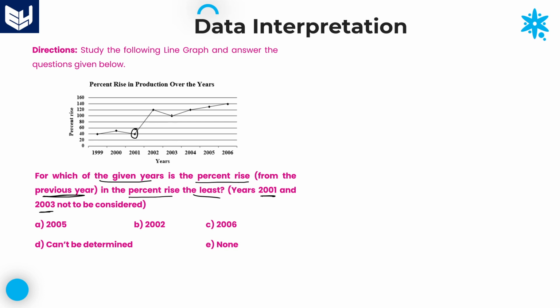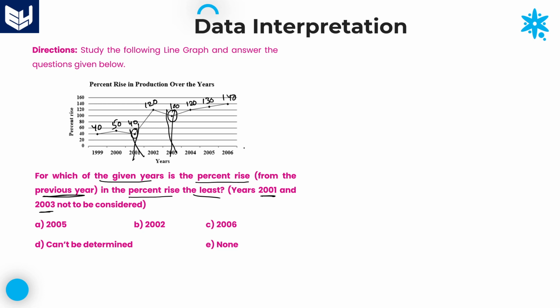2001 and 2003, these values should not be considered. What is the reason why these values are not considered? Can anyone guess? The reason is, if you observe 2001 compared with the previous year, let us note down all the values: 40, 50, and this is 40 again, this is 120, this is 100, this is 120, this is 130, this is 140.